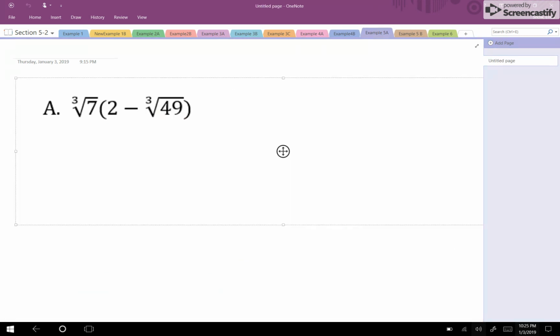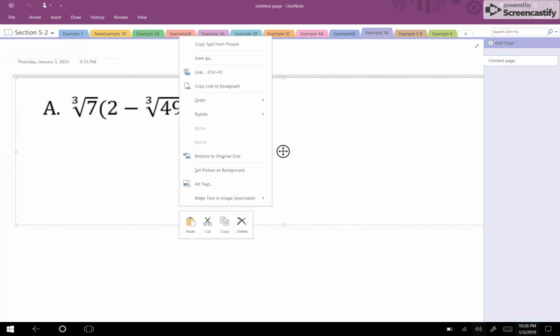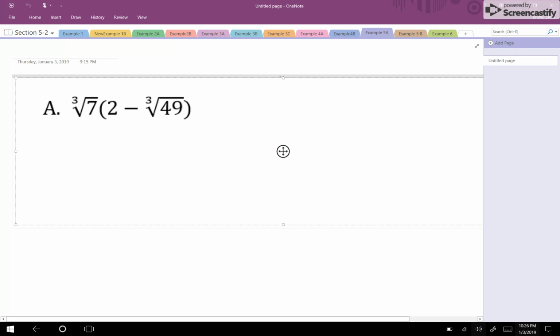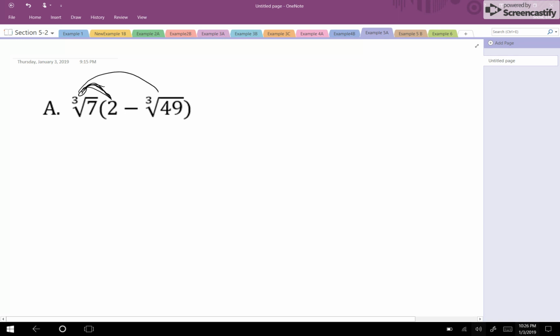Okay, we're going to go on to 5A now. So 5A says we're going to use our rules to multiply and get the reduced form of these products. So if I remember my rules, I'm just going to distribute this. So I'm going to get 2 cube root of 7, which is just 2 cube root of 7.